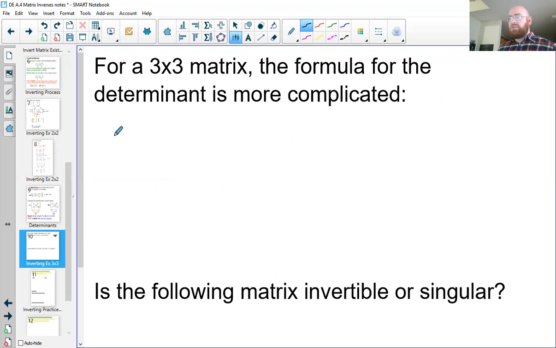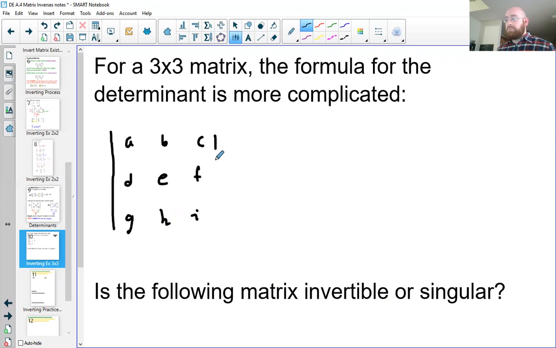So if we want the determinant of a 3 by 3 matrix, let's say we have A, B, C, D, E, F, G, H, I. If we want the determinant of this matrix, we pick a row, usually the first row, for example. This is going to be our fixed row.